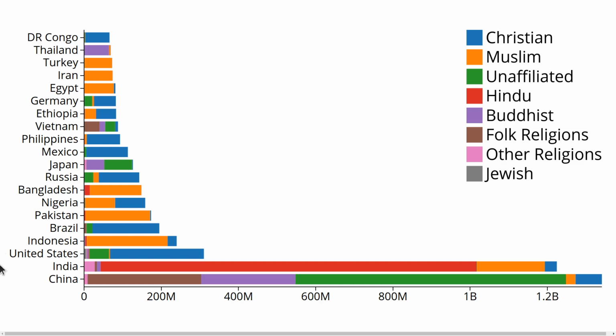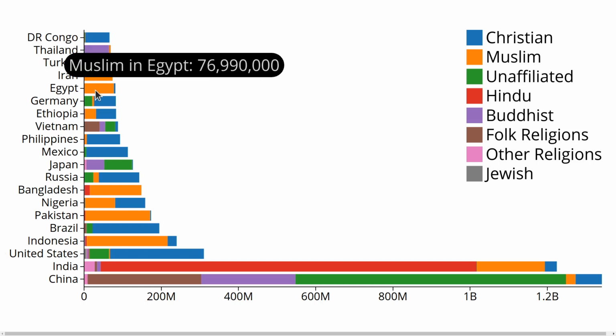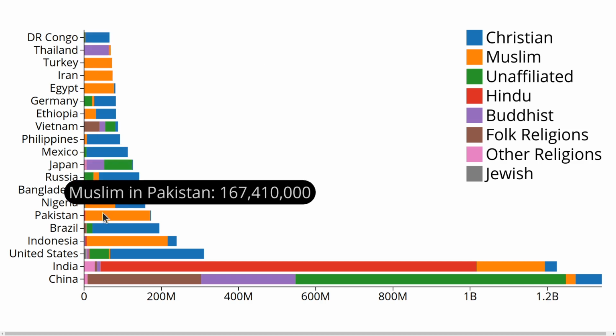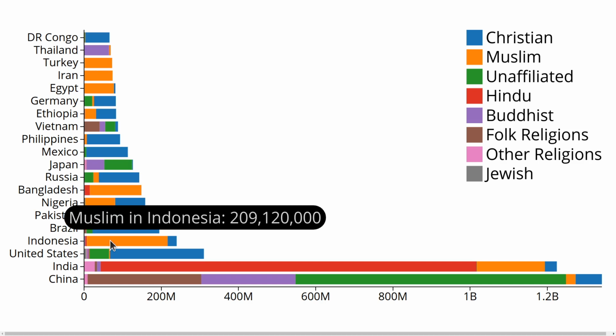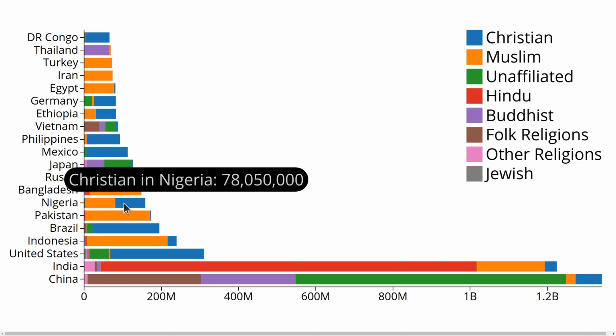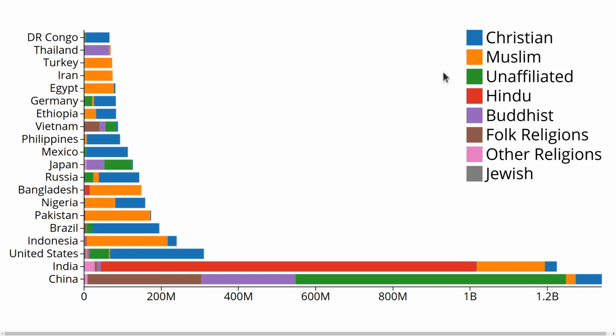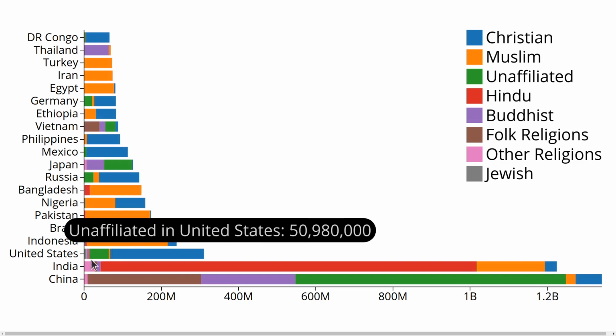Like what pops out is Turkey, Iran, and Egypt, or you could say Muslim majority. Bangladesh, Pakistan, Indonesia. Nigeria is split down the middle between Muslim and Christian. I find that fascinating. And there are some Christian majority countries, Mexico, Philippines, United States, but not exactly. Like there's a huge portion of unaffiliated in the United States.